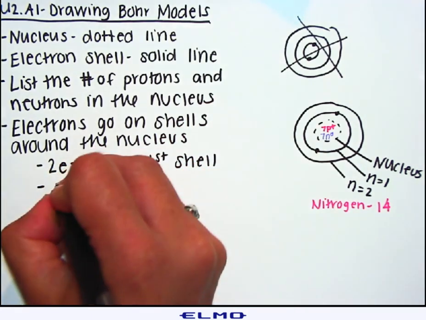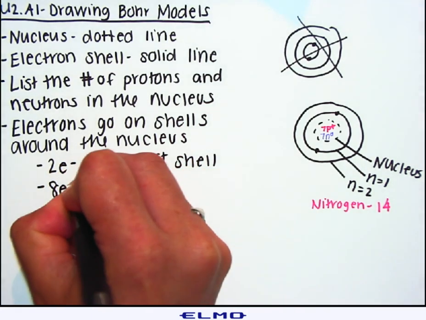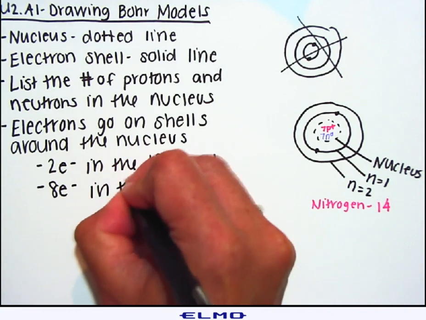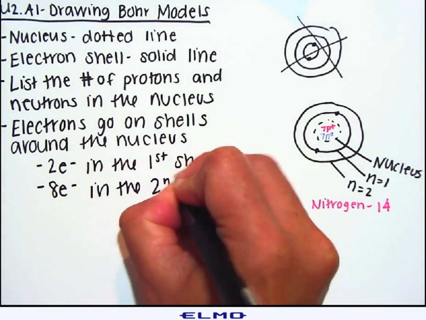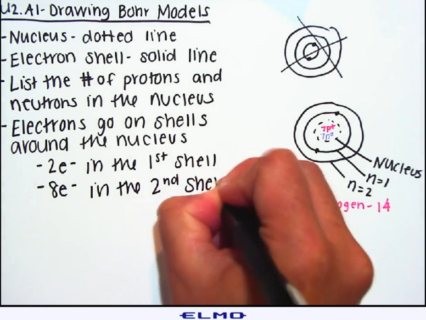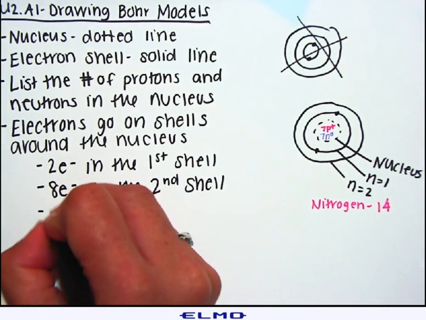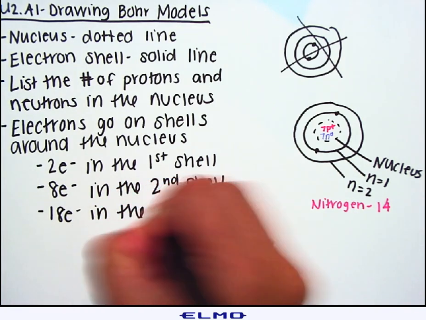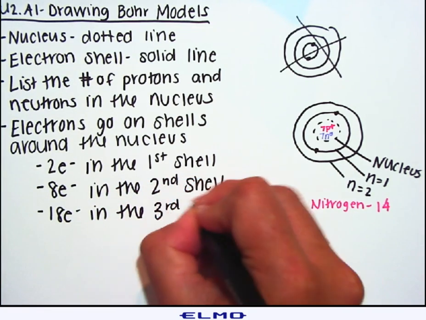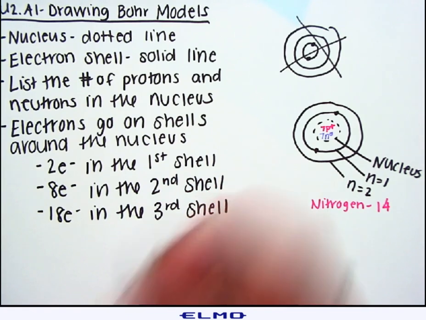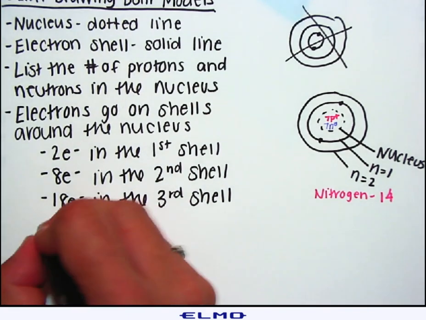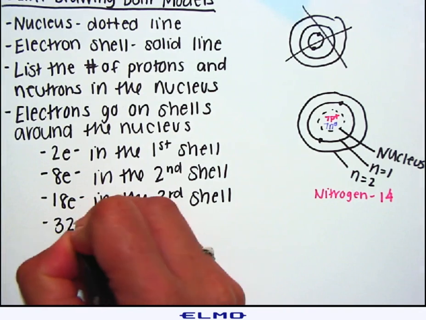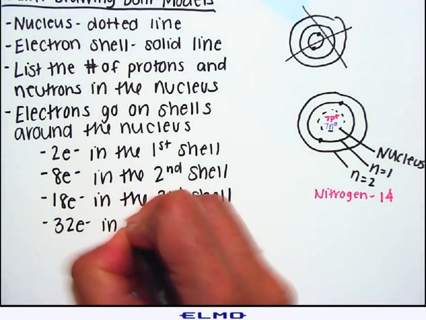Our second shell can hold up to 8. The third shell can hold up to 18. And I promise I won't make you draw anything this big, but the fourth energy level can hold up to 32.